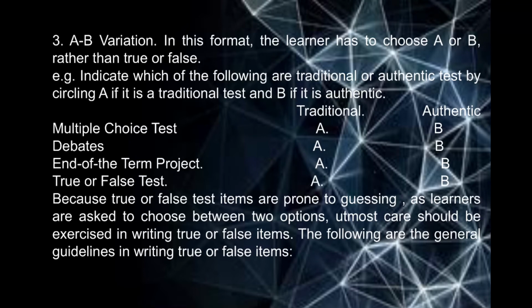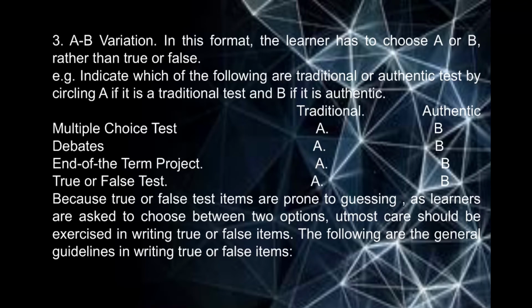Kumbaga dito, yung learners must use complex higher order thinking skills. Kumbaga dito, mapapaisip yung students. Samantalang sa authentic test naman, usually includes a task for students to perform and a rubric by which their performance on the task will be evaluated.